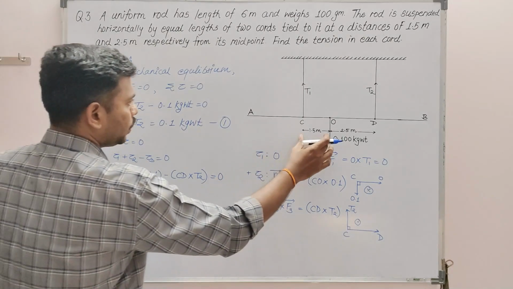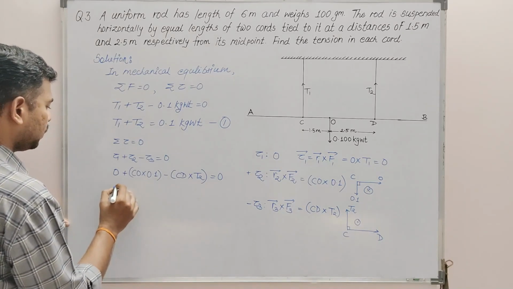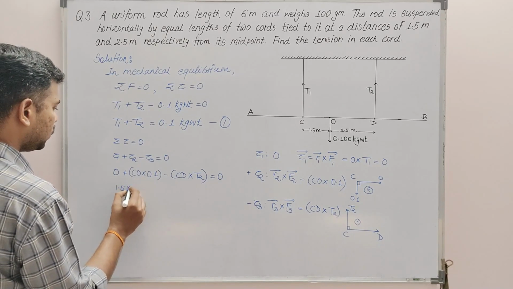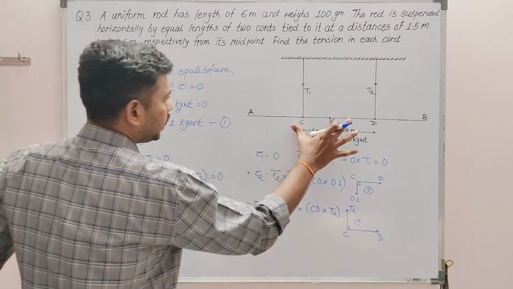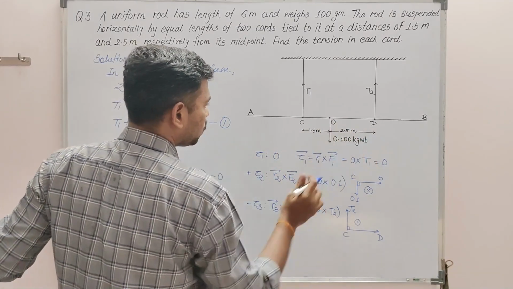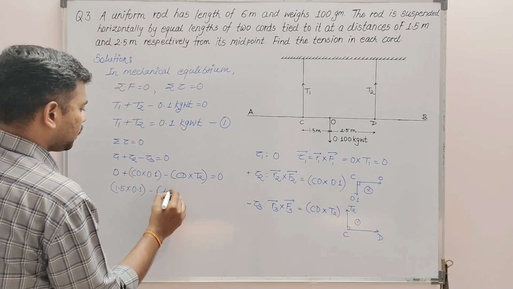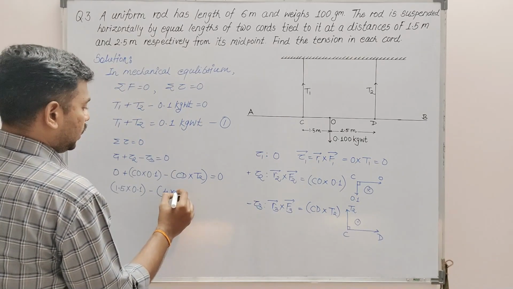Now CO is given here, it is 1.5, into 0.1, minus CD, which is 1.5 plus 2.5, so 4, into T2.